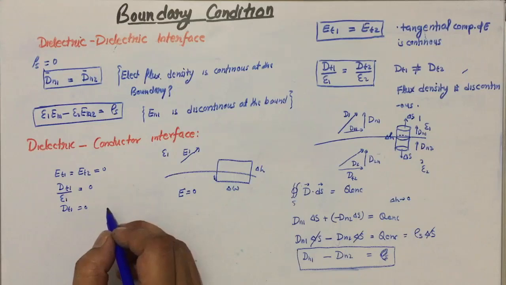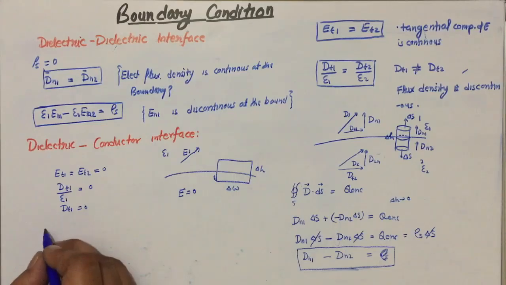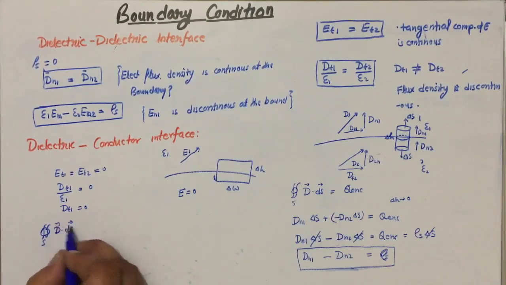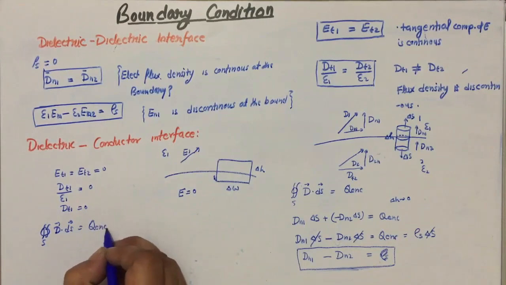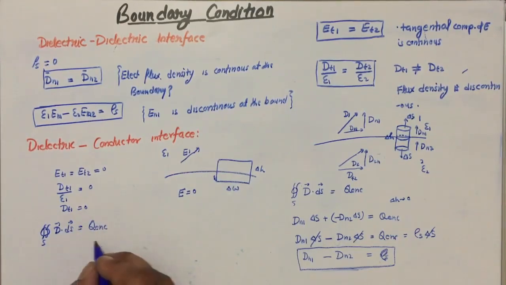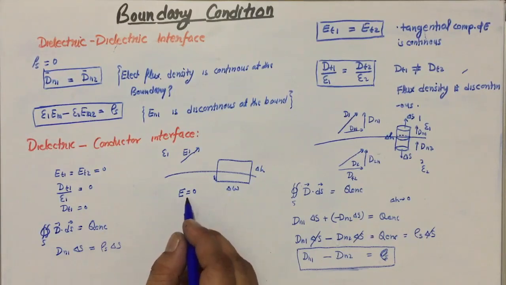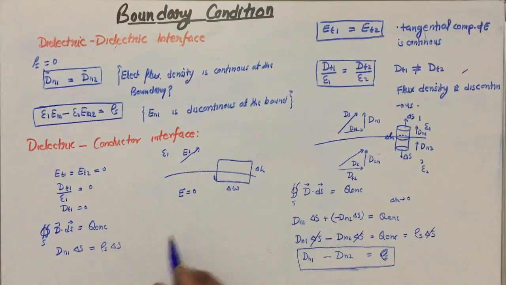In case of Gauss law, we can say D dot ds will be equal to the charge enclosed. From here we can write Dn1 is equal to rho s, as there is no flux density in medium 2.